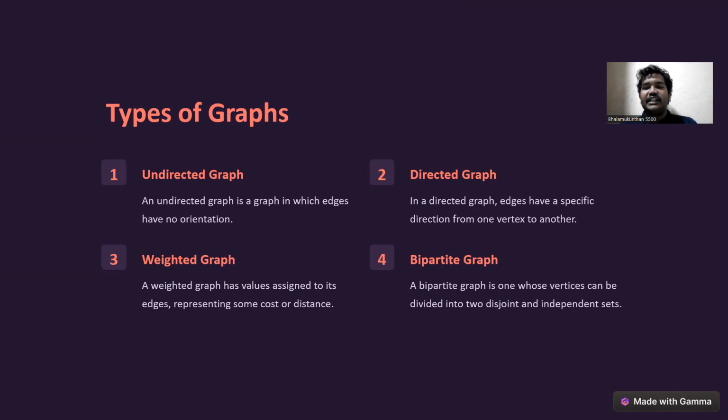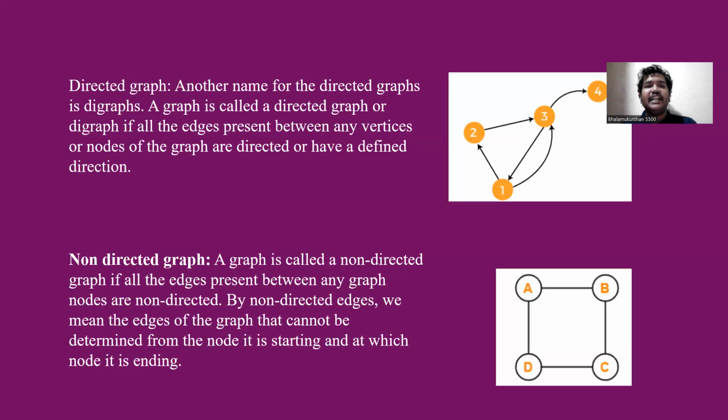Bipartite graph. A bipartite graph is one whose vertices can be divided into two disjoint and independent sets. Further, we'll look into directed graphs and non-directed graphs in detail. Directed graph. Another name for directed graph is digraph.